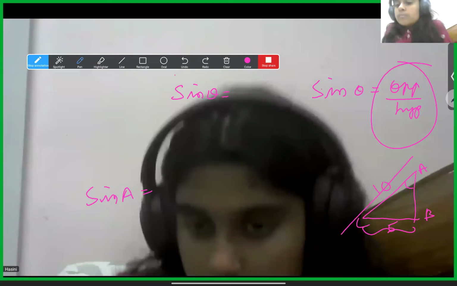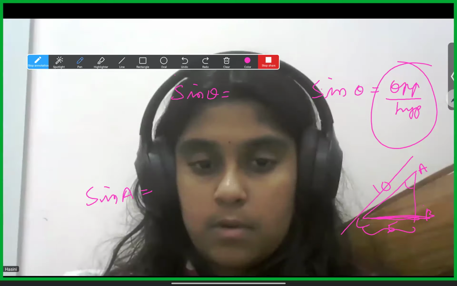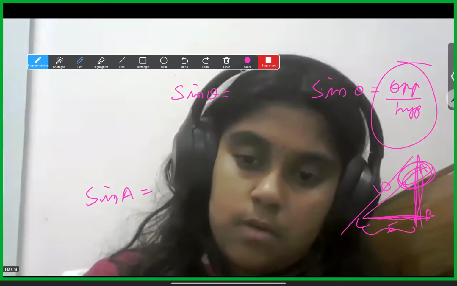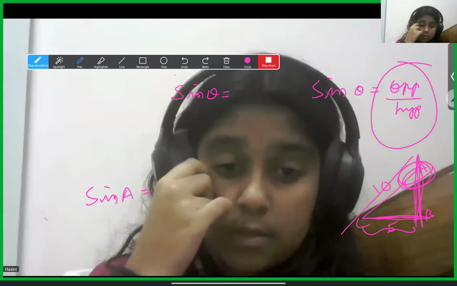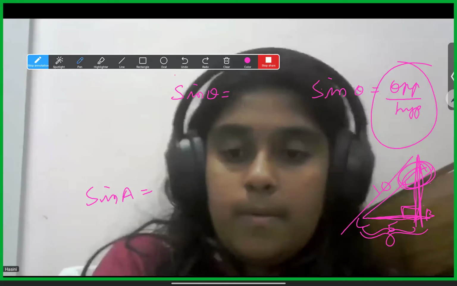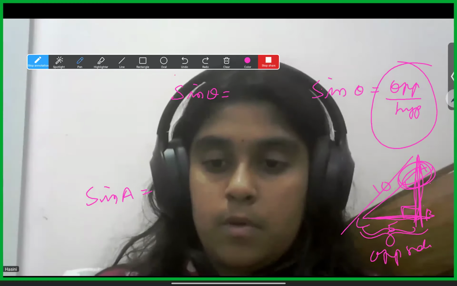Yes, sir. Then here you can see the perpendicular position changes. As per this vertex A, this BA will become the base. This will become the perpendicular in that way, or we will say the opposite side. For that angle, this will become the opposite side.